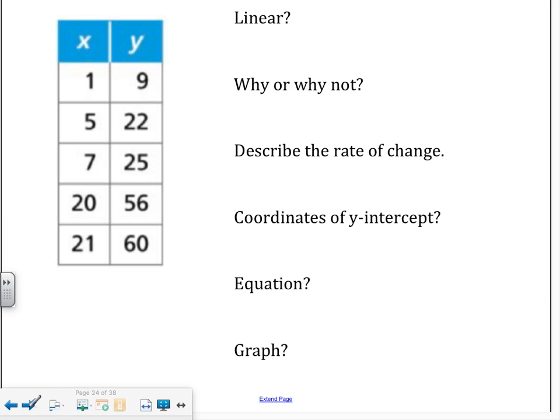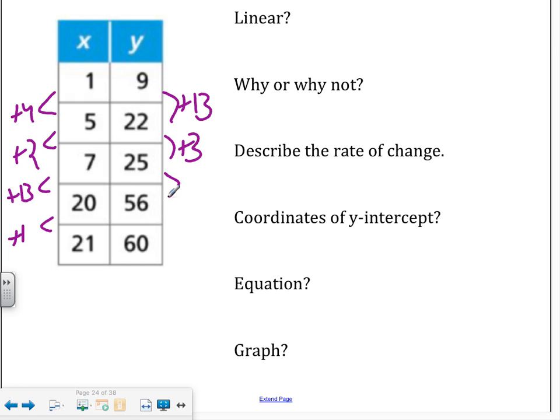Second table, again, we want to find out if it's linear or not, so look at the change in x. So we have +4, then going up by 2, going up by 13, and then going up by 1. Right, over on the y side, +13, +3, +31, +4.